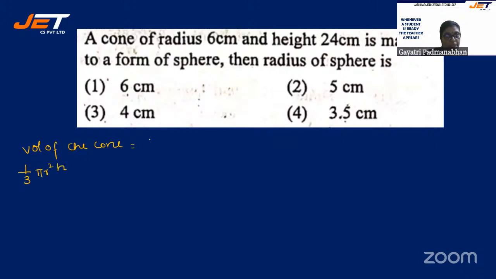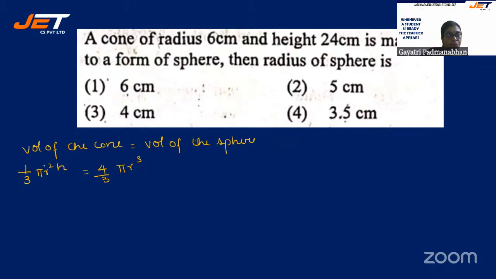Now they say a cone of radius so much is made in the form of a sphere, so this is nothing but the volume of the sphere. So what is the volume of the sphere? 4 by 3 pi r cube. Clear?